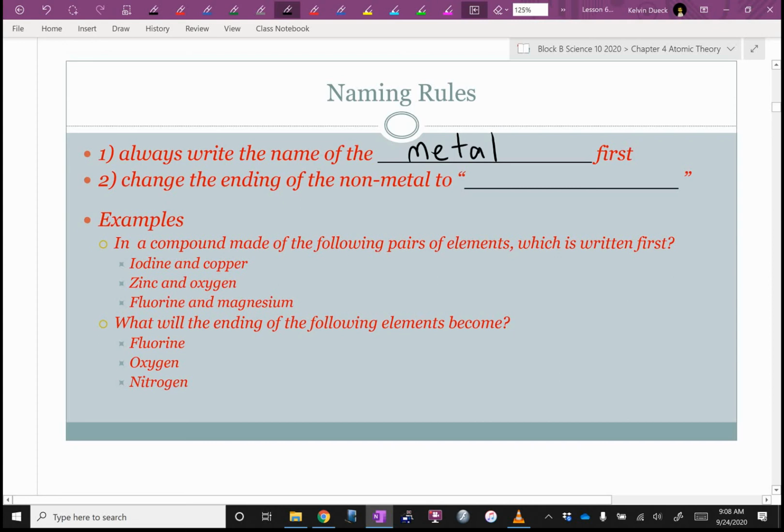So right now, just to reinforce things, glance at your pink periodic table and look at the left side. Most of that are the metals. Thank you, Ava, for getting out your pink periodic table. Yes, I noticed these things. And then you change the ending of the non-metal to ide.